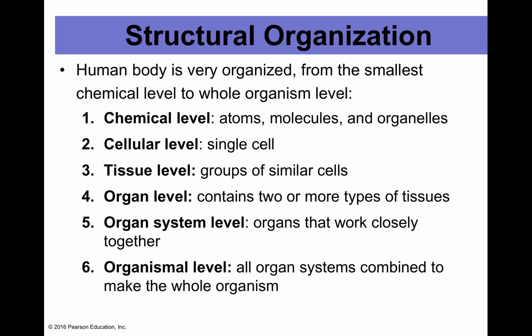Now, if I take these different tissues and combine them together, I will get to the higher level, or level number 4, which is referred to as the organ level. Organ level is defined as two or more types of tissue working together to make it possible for an action to be completed. For instance, your heart is made up of muscle tissue, which we refer to as cardiac muscle tissue.